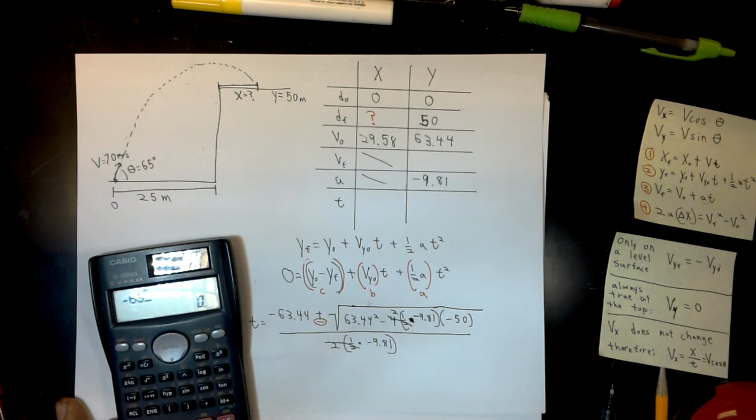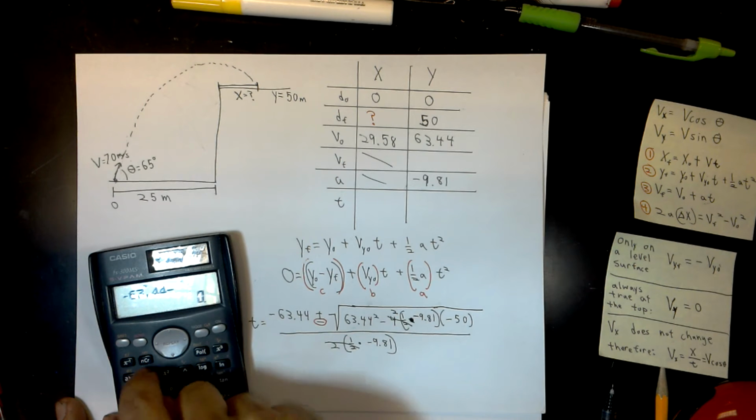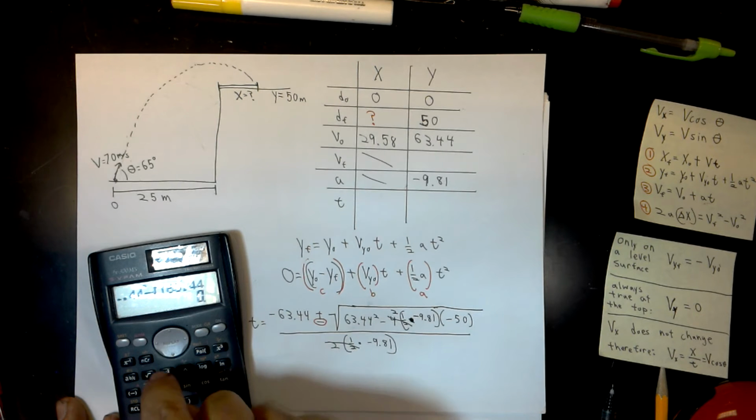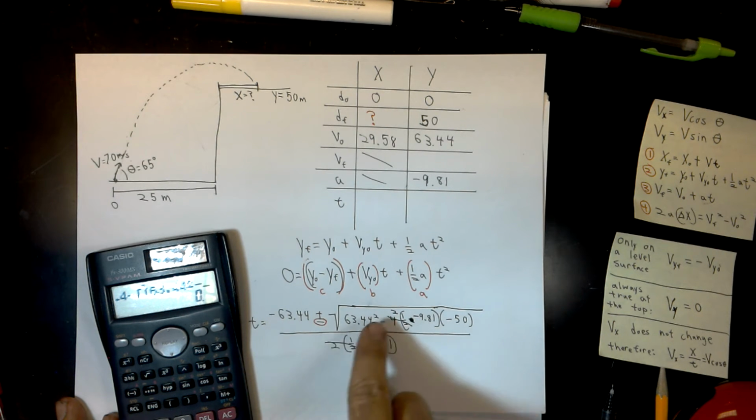Alright. This won't take very long to put in the calculator. Negative 63.44 minus square root, parentheses. How many sets of parentheses will I need in there? I think I can do that whole thing in one. Yeah, it looks like it. 63.44 squared. Simplify your negatives. Those two become positive. So I'm going to put minus 2 times 9.81 times the 50.